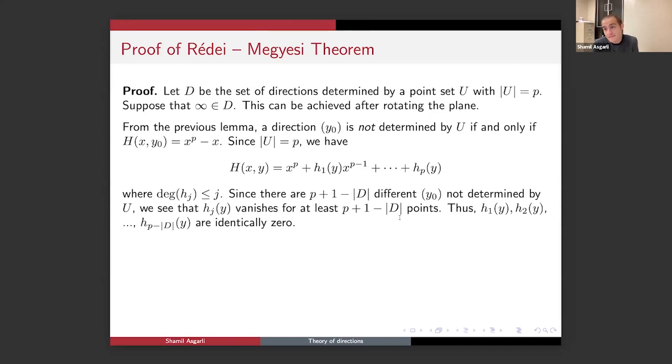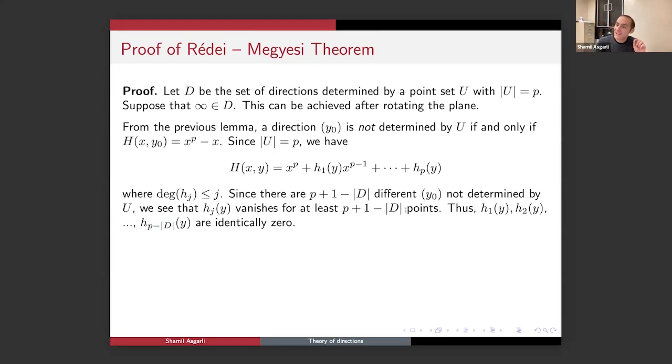So all the polynomial coefficients h1(y), h2(y), all the way until h_{p minus |D|}(y), must be identically 0, because their degrees are at most p minus |D|, and yet they vanish at p plus 1 minus |D| points. By the identity theorem for polynomials, they have to be 0.